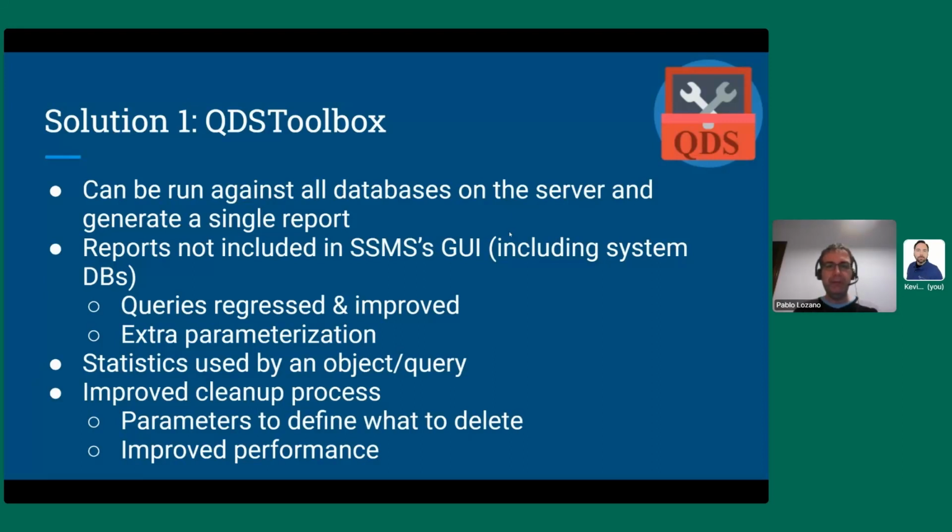So the advantages compared to the regular Query Store interface is that you can run it on all databases at the same time. As I mentioned, you want to find out which query is consuming the most CPU on the whole server, and you have 20 databases.